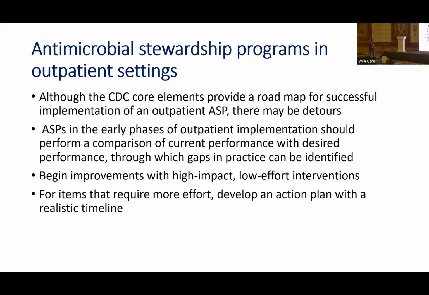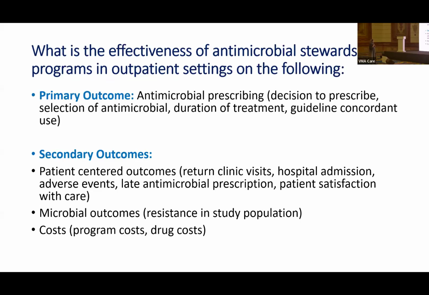What else can we do in the outpatients other than antimicrobial prescribing, which is very important? We can look at the decision to prescribe, the selection, and also the duration of these prescriptions. Guideline compliance, similar to what we do in the hospital setting.